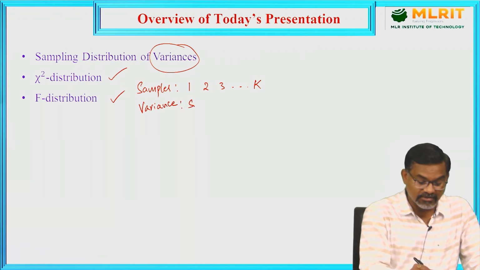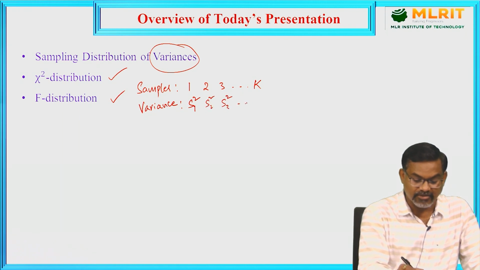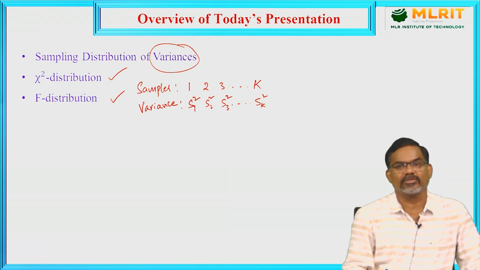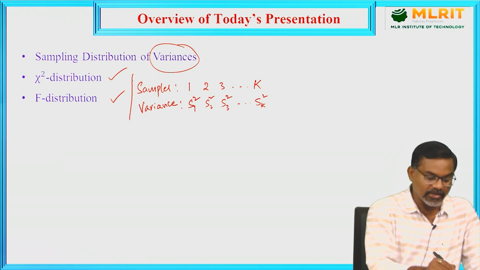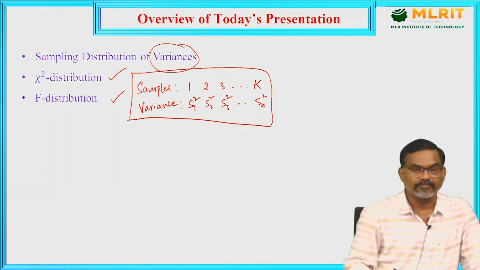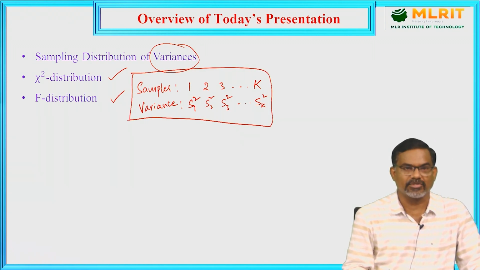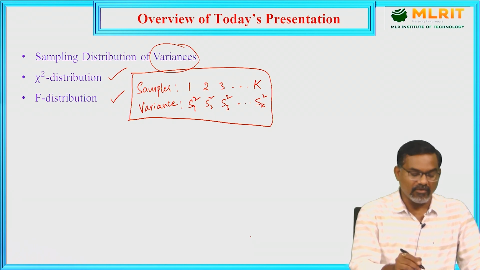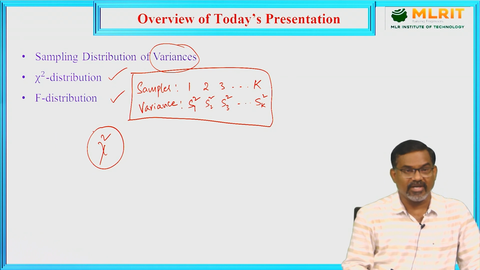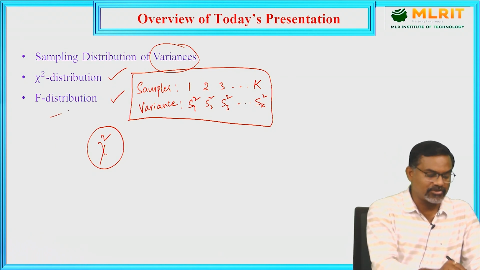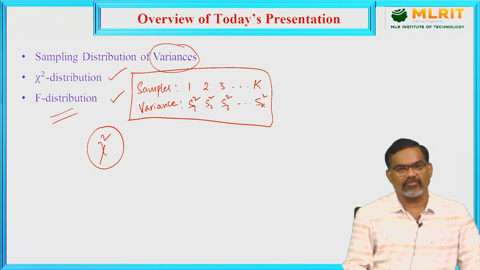So S1 square, S2 square, S3 square and so on, Sk square, and the set of these values is called the sampling distribution of variances, or we denote it in the form of a table. Here we use the chi-square distribution, and this is the symbol for chi-square, and we also introduce the F distribution in the case of the ratio of variances.